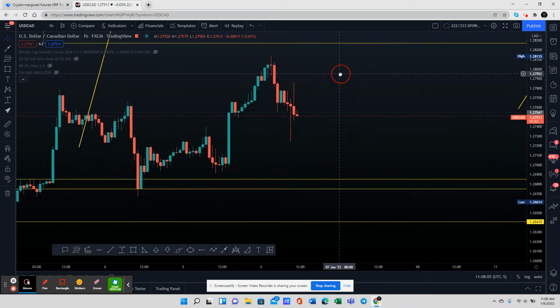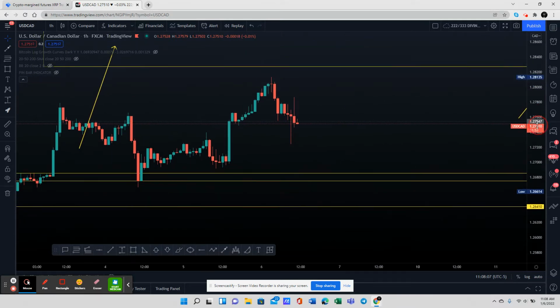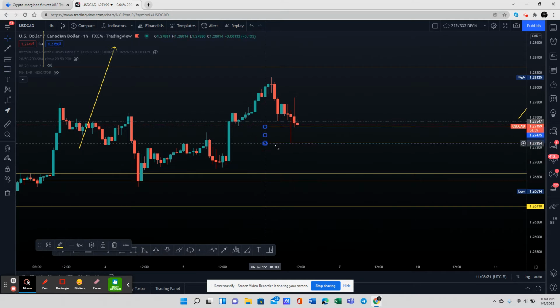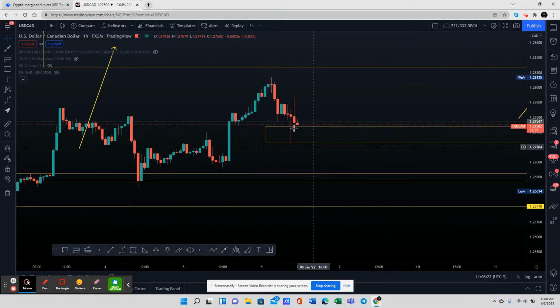So for me, I will be looking for longing opportunities once price finds a good level of support. This wick probably would need to be what we call filled. And if this wick is filled, we come back into this area or whatnot.